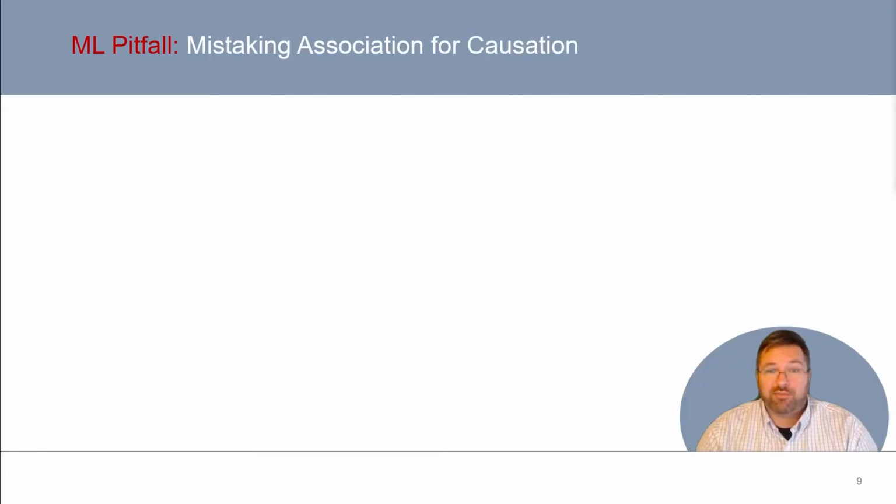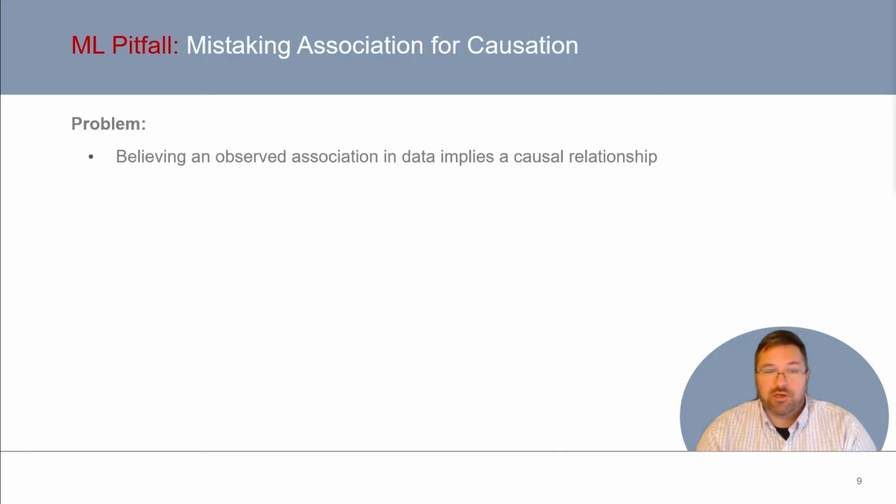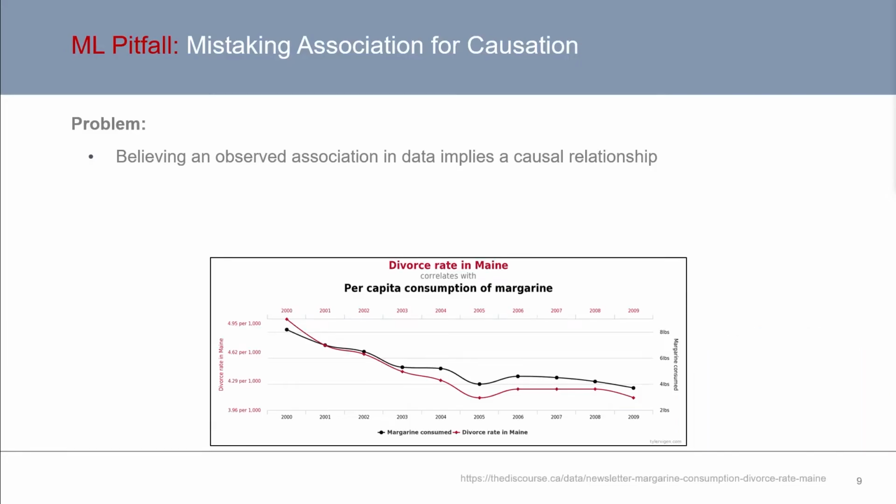Another pitfall that is probably just as well known as overfitting is mistaking an association for causation. Specifically, this involves believing that an observed association or correlation in data implies a causal relationship. As a silly but vivid example of this, here's a plot showing the divorce rate in Maine over the years, given as a red line, compared to the per capita consumption of margarine over the same time period.